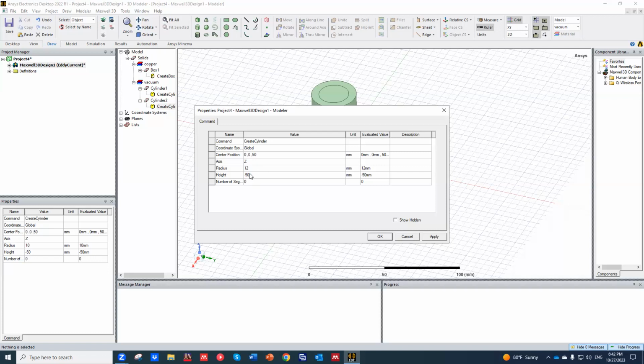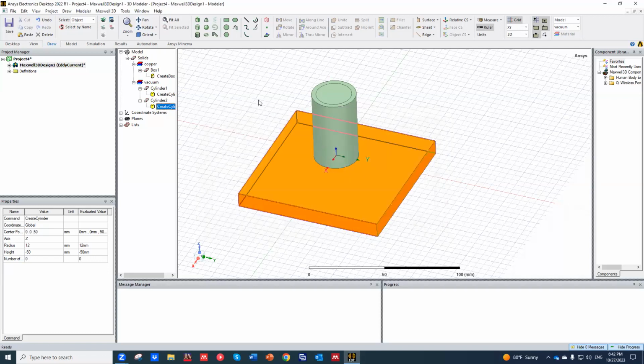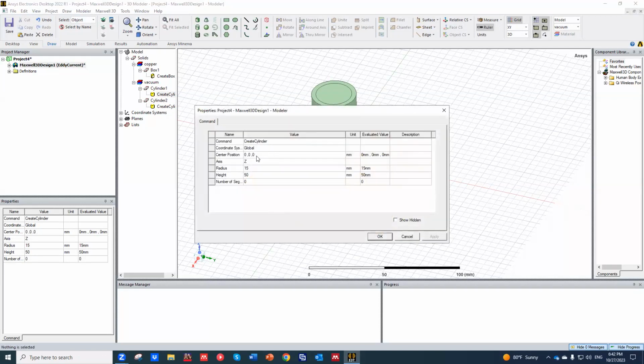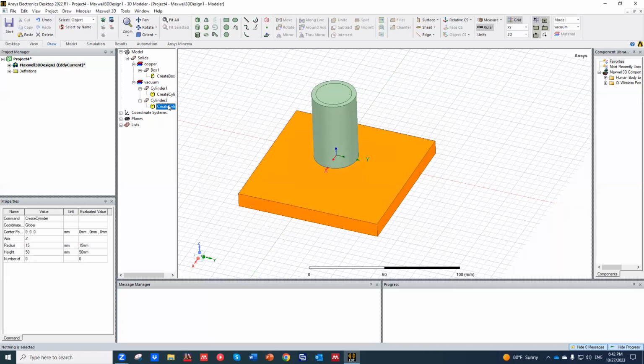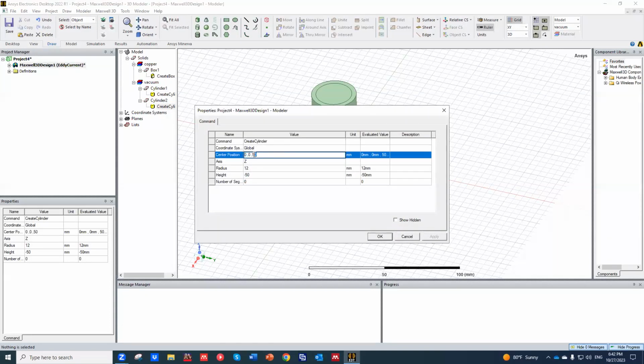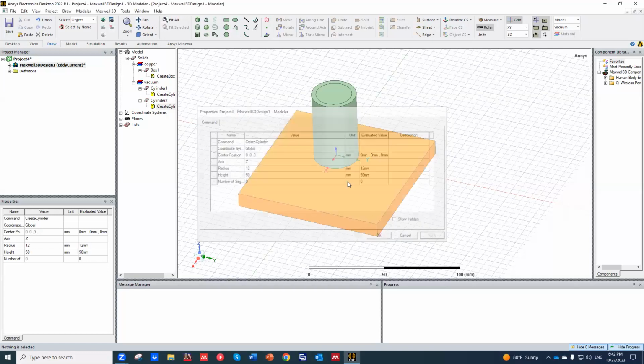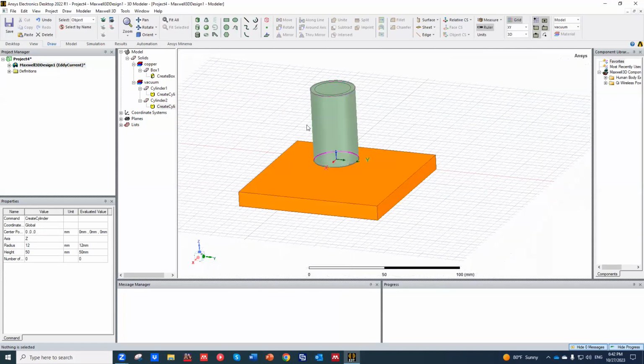Height: let's make this one 0, and this one plus 50, so they are oriented the same way.